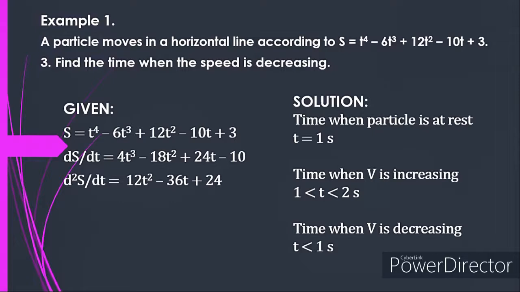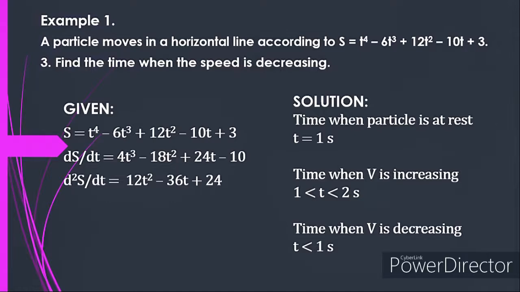Bakit? Ibig sabihin, class, kanina, sabi diba dito, a particle moves in a horizontal line according to equation ng distance. Ngayon, yung problem, sinabi niya, initially, gumagalaw yung particle natin. Nagkataon lang na inuna niya ng tanong kung sa anong oras nung time na siya ay tumigil.